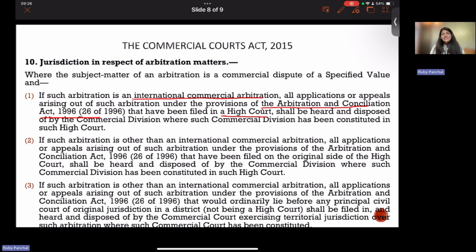Now, when you see the usage of the term international commercial arbitration, it is used generally with the Arbitration and Conciliation Act, right? So basically, this subsection says if there is an international commercial arbitration under the A&C Act, the jurisdiction would be with the High Court, the commercial division constituted in such a High Court, right?